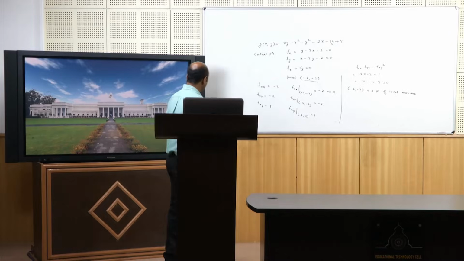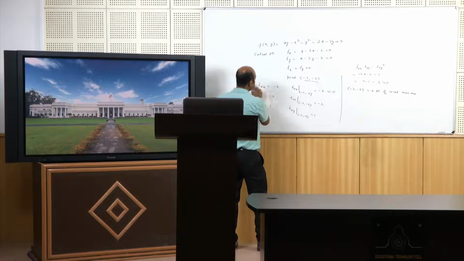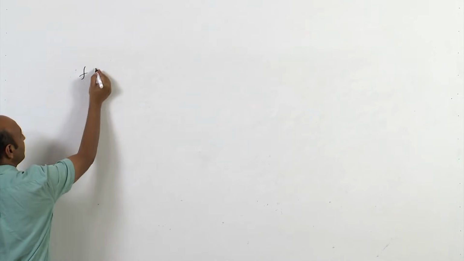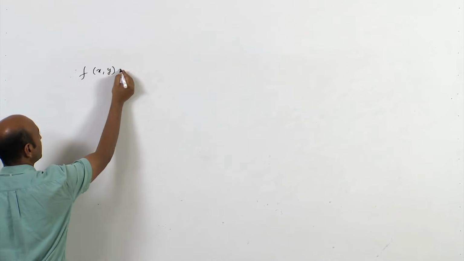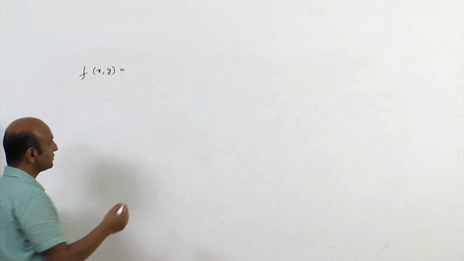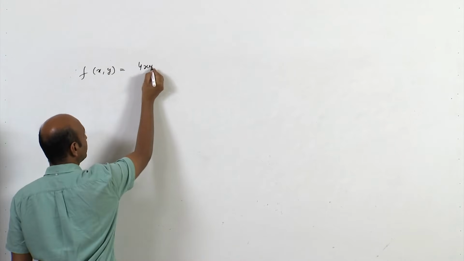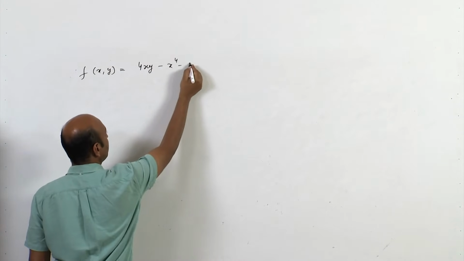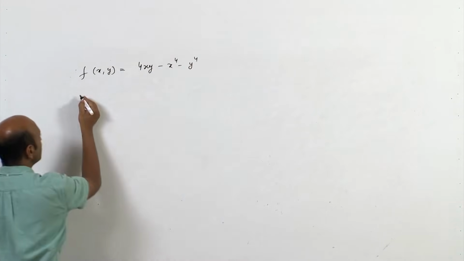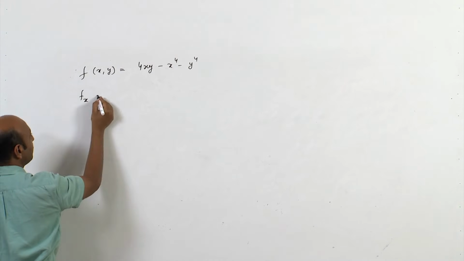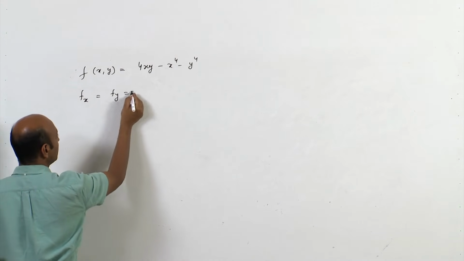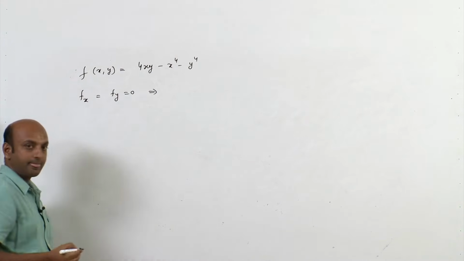Now let us try to solve the second problem. The second problem is f(x, y) equal to 4xy minus x raised to power 4 minus y raised to power 4. For the critical point, fx equals fy equals 0.